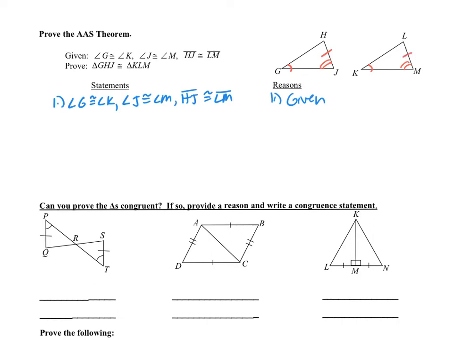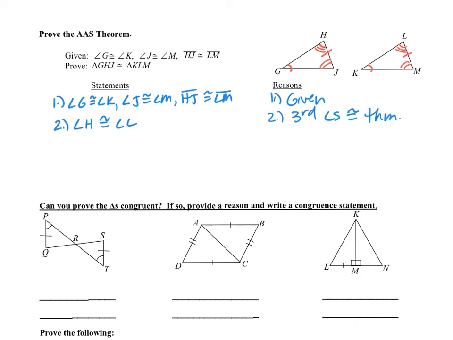That's called the third angles congruence theorem. So we can go ahead and say that angle H is congruent to angle L. Let's mark that. I'm going to put 3 arcs on H. The reason why is because of the third angles congruence theorem.